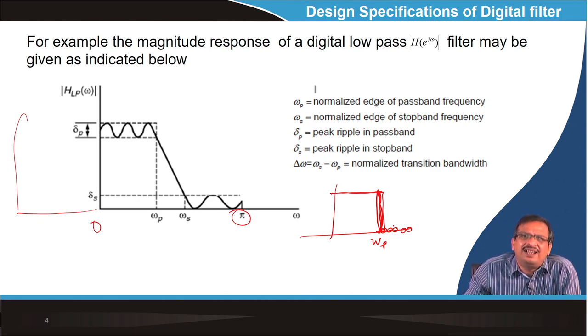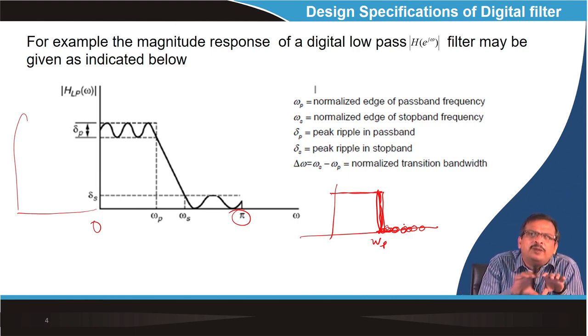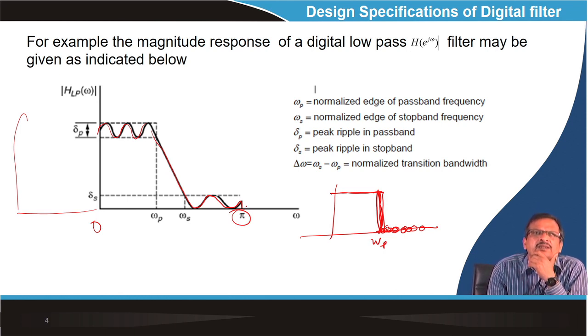But ideally it is not possible to implement an ideal filter where just after omega p, all frequencies will be 0. So instead of ideal, when we implement it in an algorithm, it becomes some sort of this black line, this kind of frequency characteristic. So what is the meaning of this?